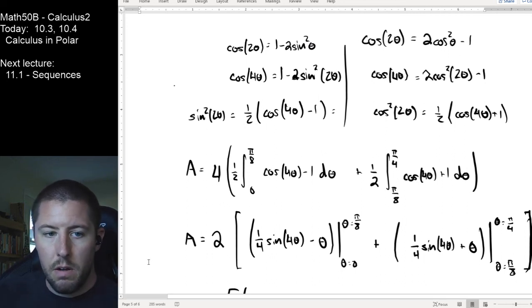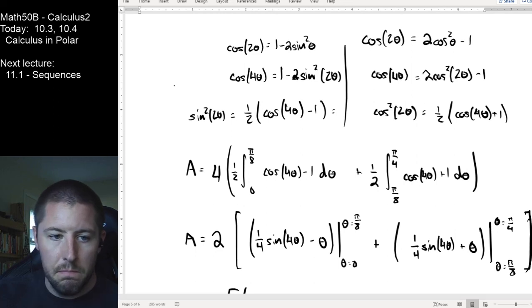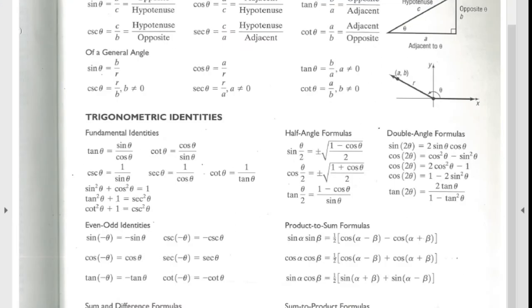Did I copy these down wrong? How am I getting different things then?